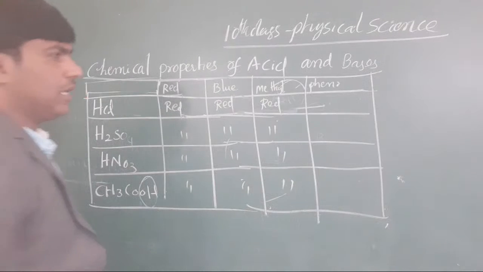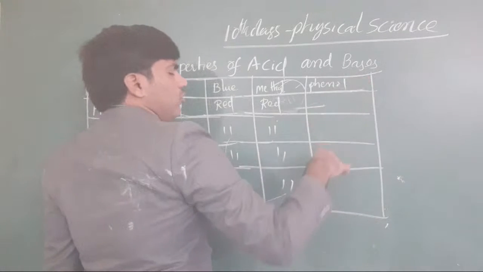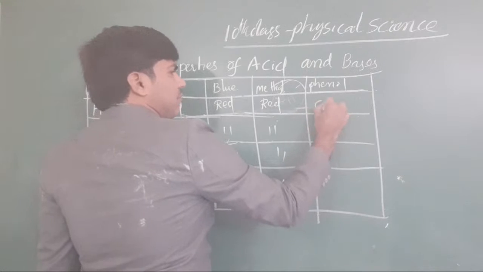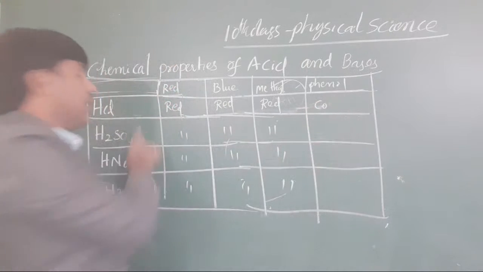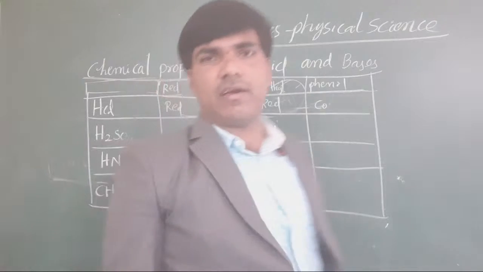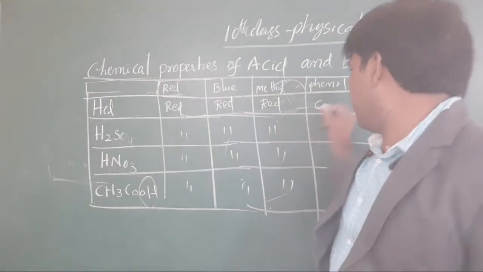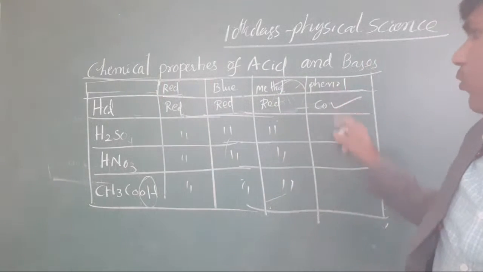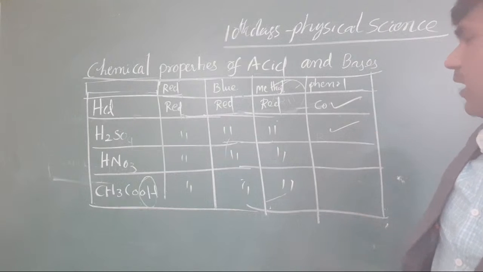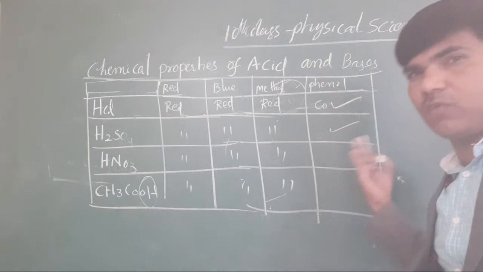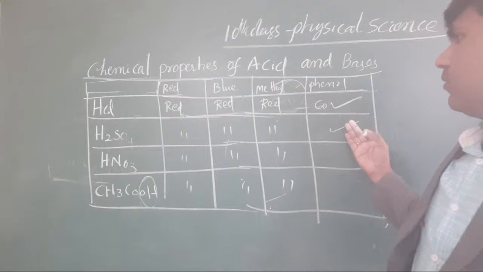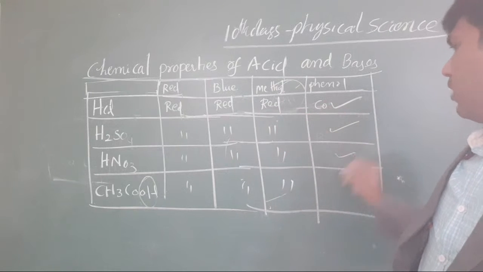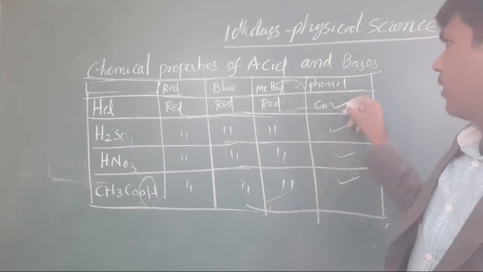But when you take phenolphthalein solution, it becomes colorless. Means whatever color HCl contains, it remains that color only. Suppose you take our sulfuric acid, whichever color it contains, that color is contained by our acids. All the acids contain the same color.